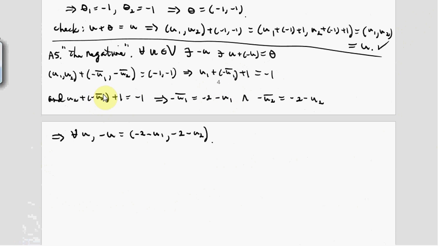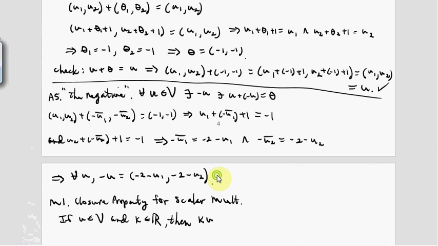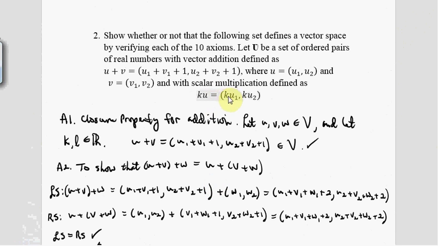Okay? Now, M sub 1, the closure property for scalar multiplication here: if u is in the space and k is a real number, then k times u, according to the definition, scalar multiplication is standard.